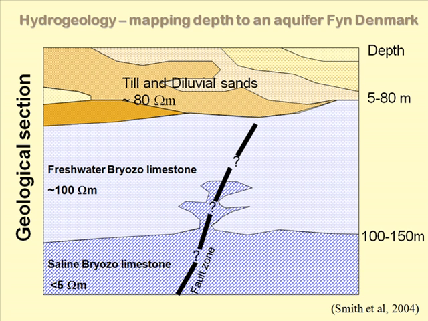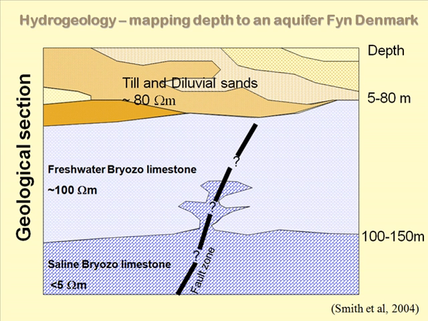There are tills and sands in the top 5 to 80 meters, and then there's a bryozo limestone which contains fresh water. Both the till and sands and the freshwater limestone are resistive, and then there's an interface, and then below that interface there's bryozo limestone, but now it contains saline water. And this saline water is very conductive.